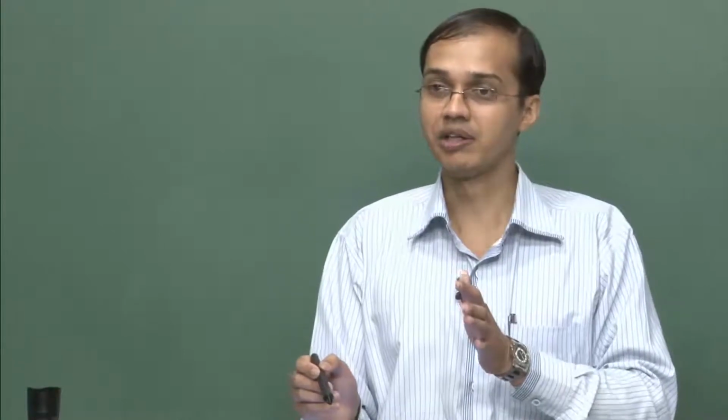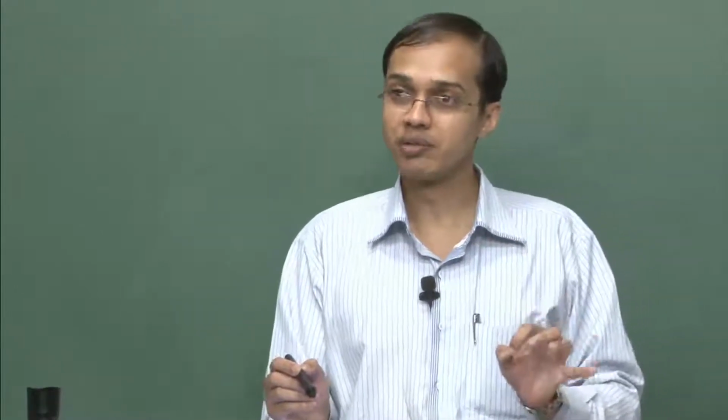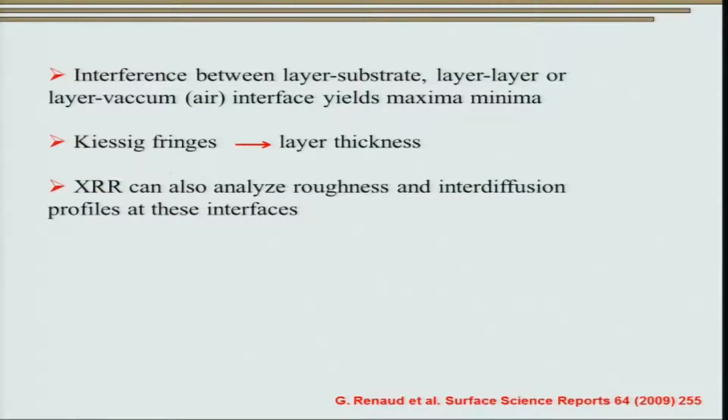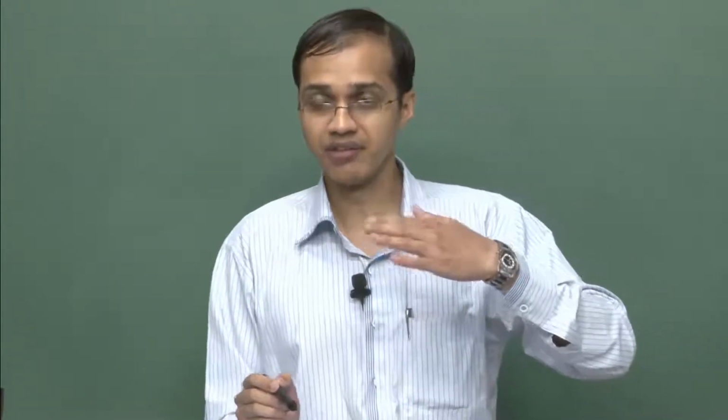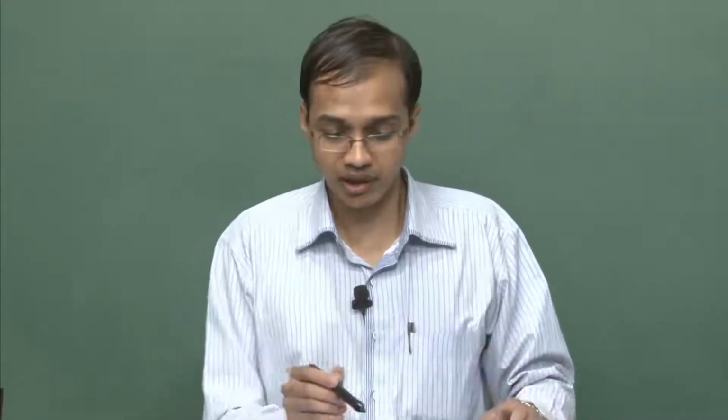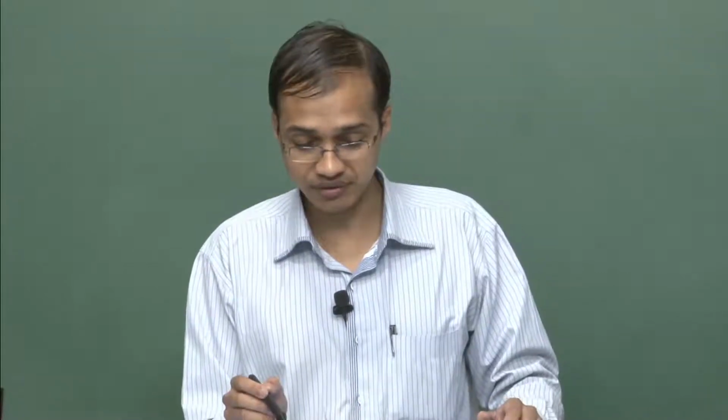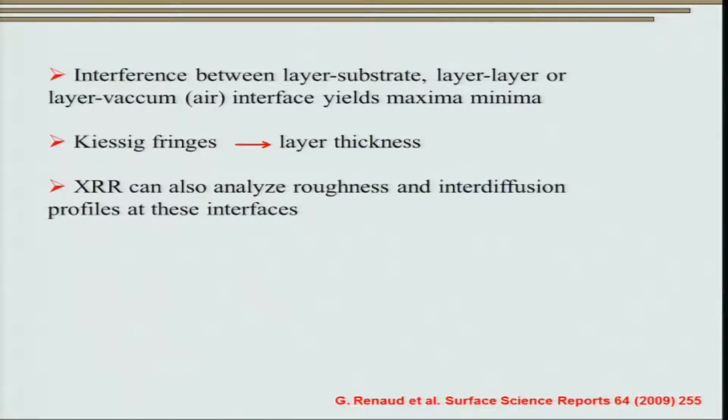Remember, the information we are getting is in reciprocal space, but once we convert it to real space, we do get information about, say, the thickness of the film. These are known as Kiessig fringes, and this gives us information about the layer thickness. Having said that, not only for homogeneous films can we determine thickness, we can also, using a lot of assumptions, use X-ray reflectivity to analyze roughness as well as interdiffusion profiles at various interfaces.